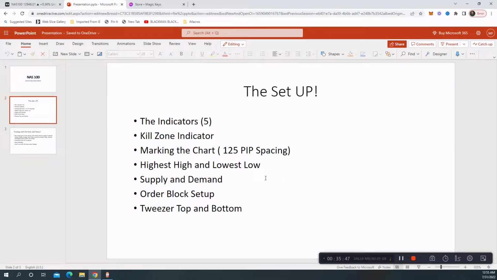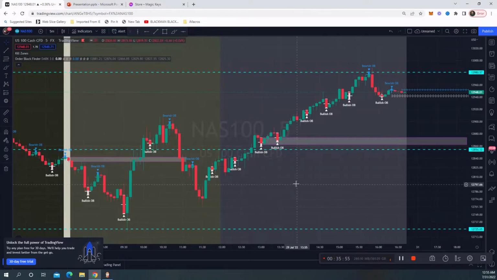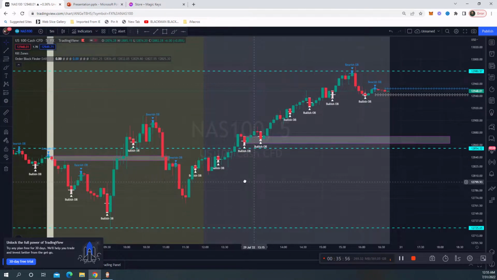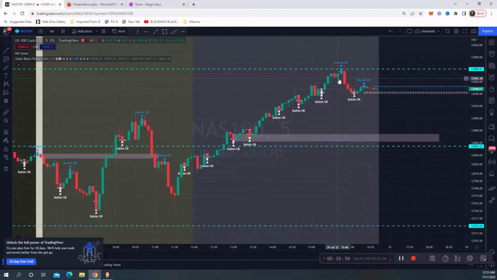Okay, and then as the market moves, you can add your supply and demand and your order blocks. They add as additional visuals, guys. Once you understand how to use the order blocks, once you understand how to use supply and demand, they will add as more visuals to keep you moving in between, if you will, the 125 pip marks.